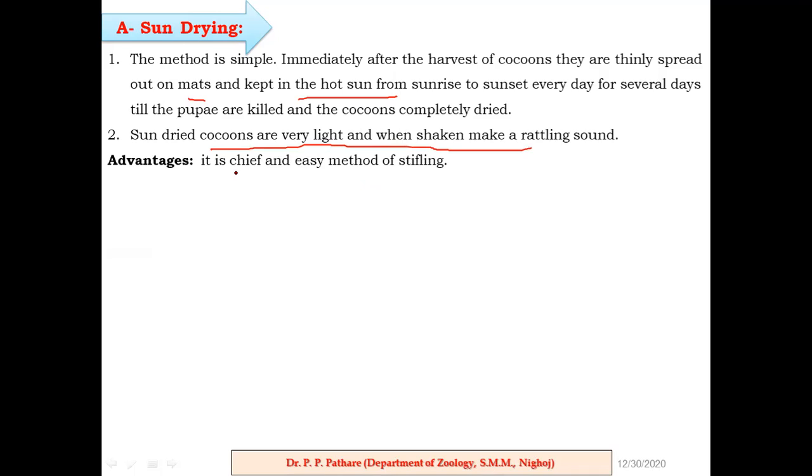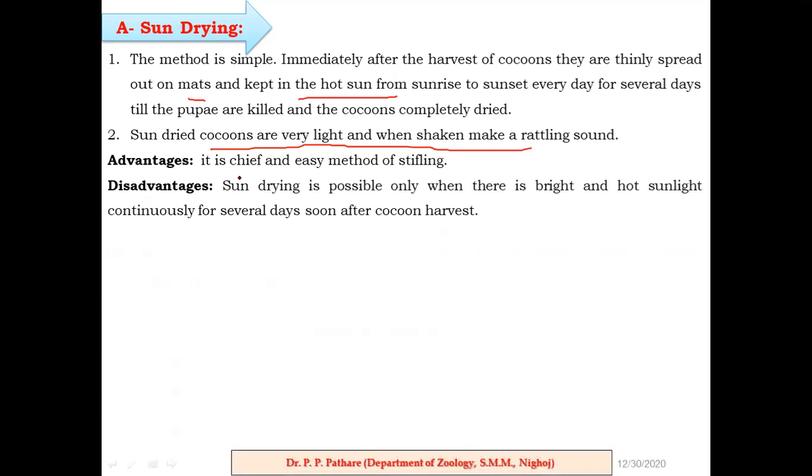Cheap in the sense that this method does not require more expenditure or money to perform this post-harvesting process, because sunlight is totally free of cost. You just have to collect and spread your cocoon for a long period. This is the most important advantage of sun drying.